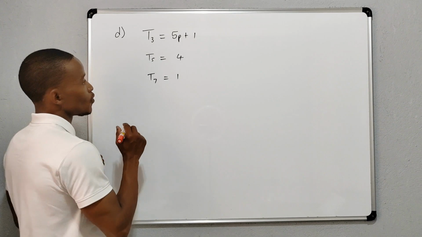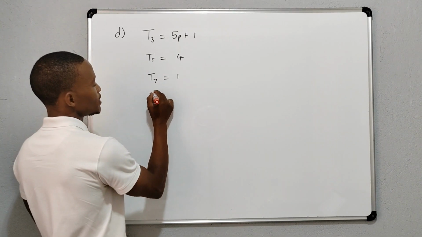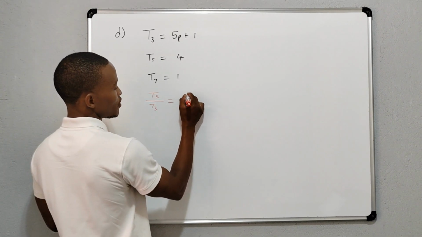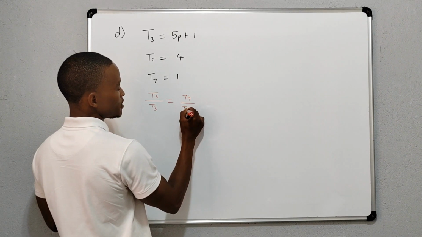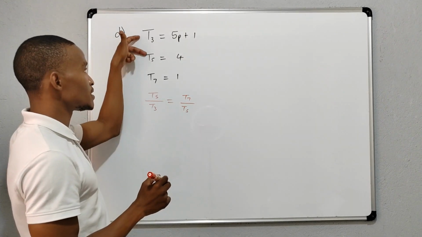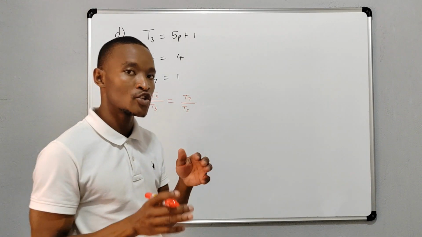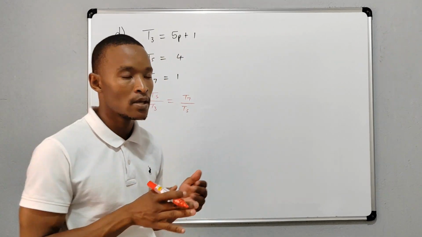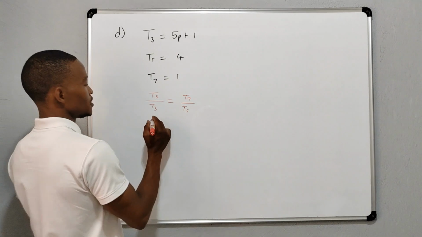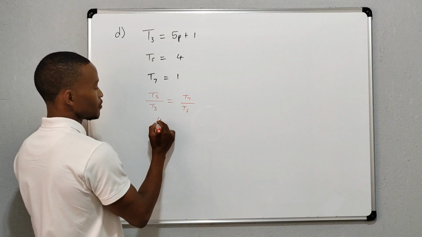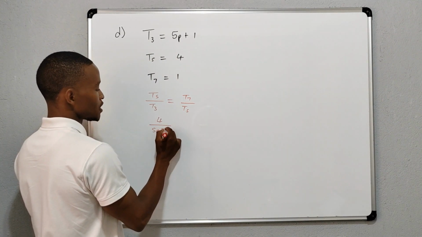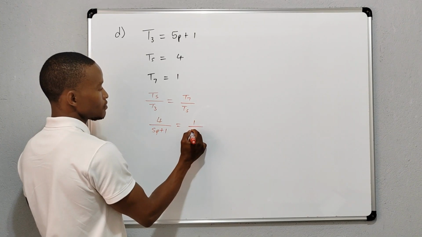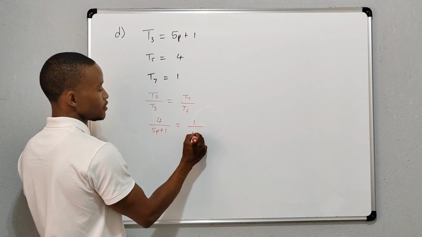Okay, so what do we need to do? We know that T5 over T3 is equal to T7 over T5. So you still need to maintain the order of taking the ratio between consecutive terms, or consecutive odd terms in this case. Substitute now. 4 over 5p plus 1 equal to 1 over what is T5? 4.